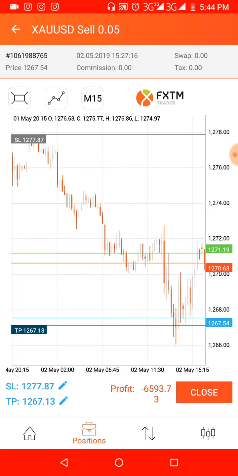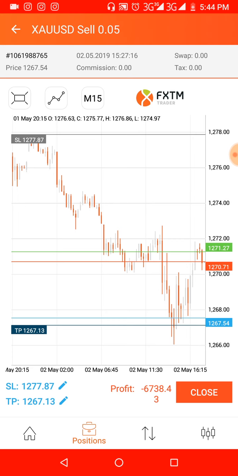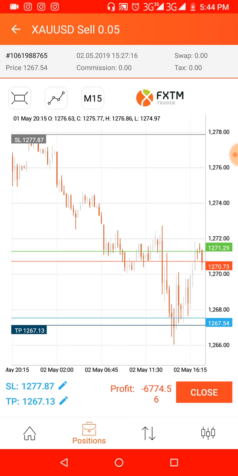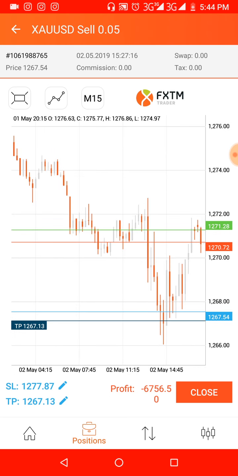But if it hits the SL line, which is above here, 1,277.87, the market automatically closes the trade and takes my loss and protects me from taking further loss. So that is it about understanding this chart with the lines that you're seeing currently here.